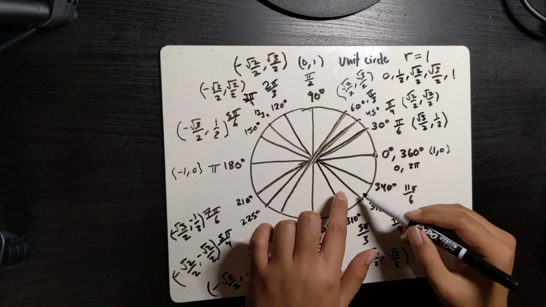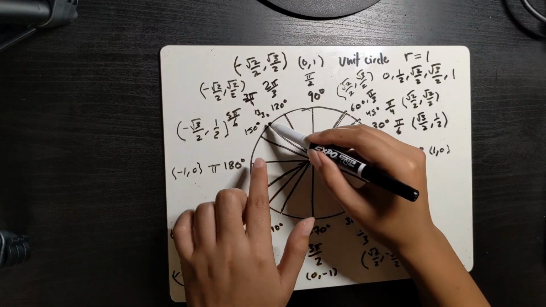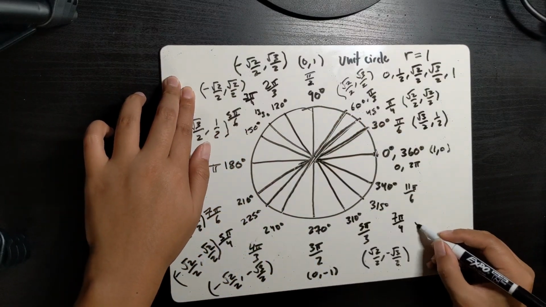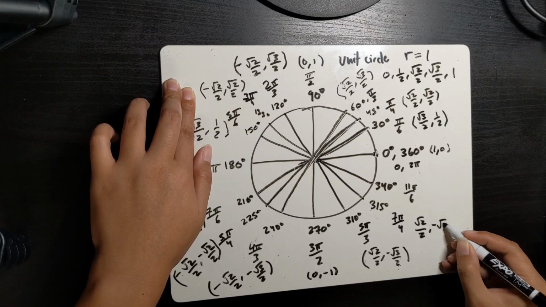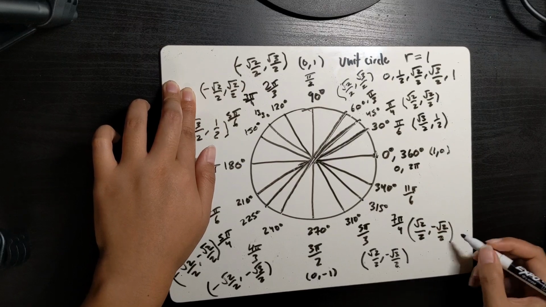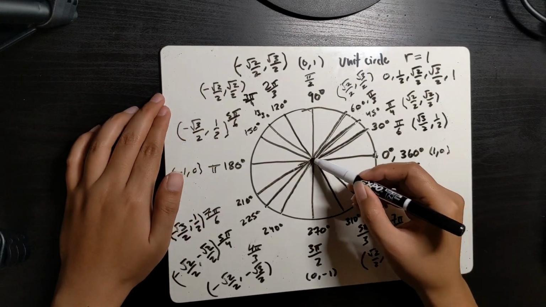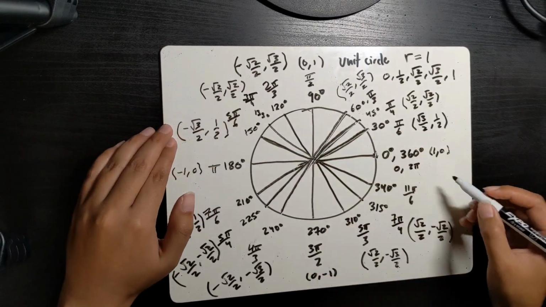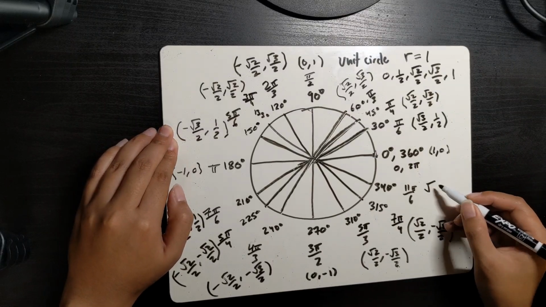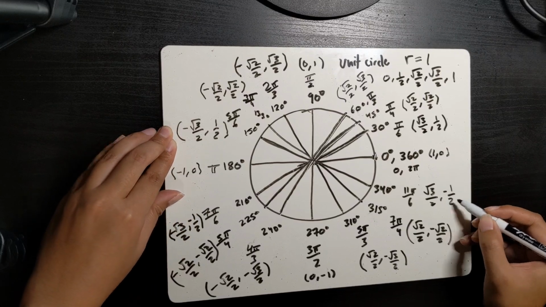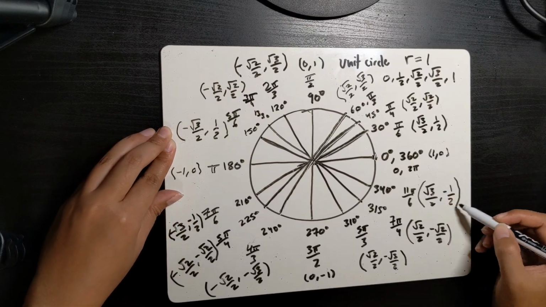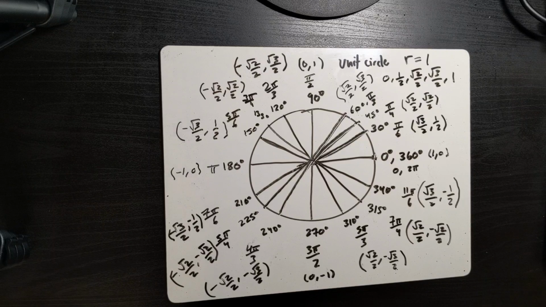And the 315 we can trace to the 135, but now with a positive square root 2 over 2 and a negative square root 2 over 2. And then the 330, we can trace it here to the 150, gives us positive square root 3 over 2 and a negative 1/2. So there, we have now completed the unit circle.